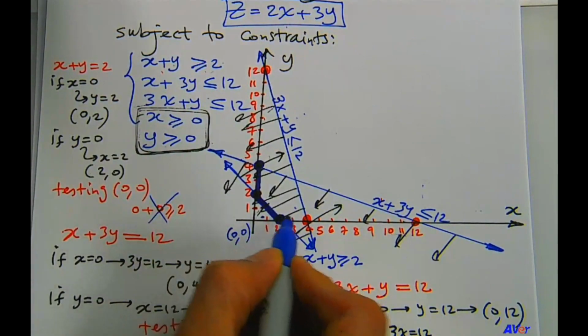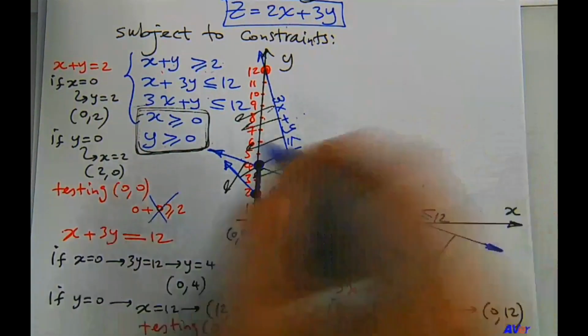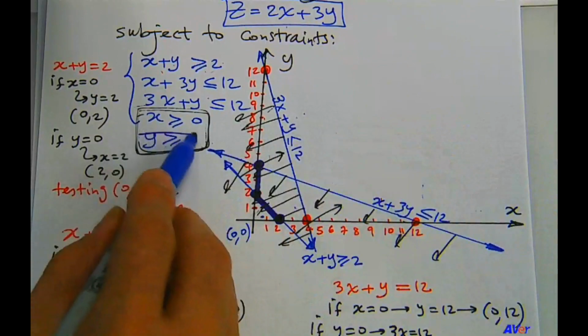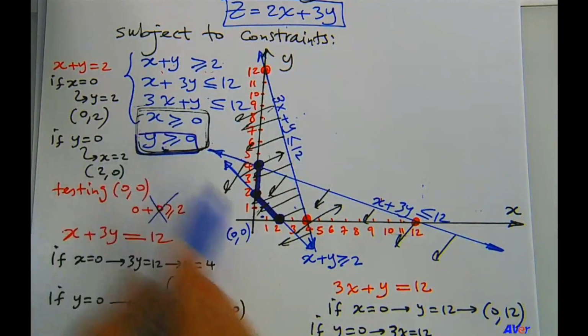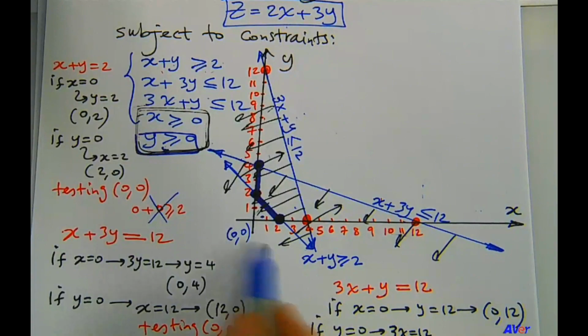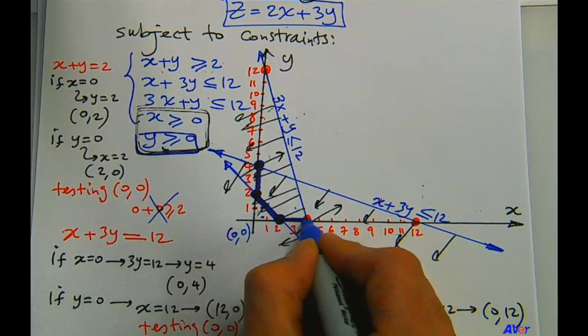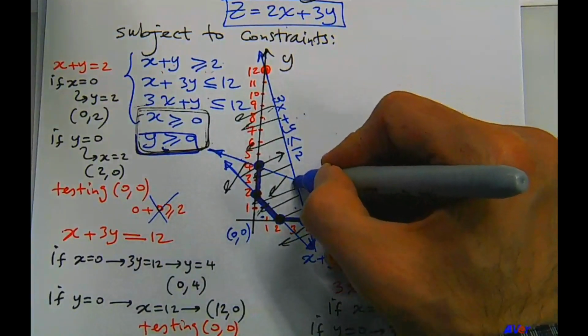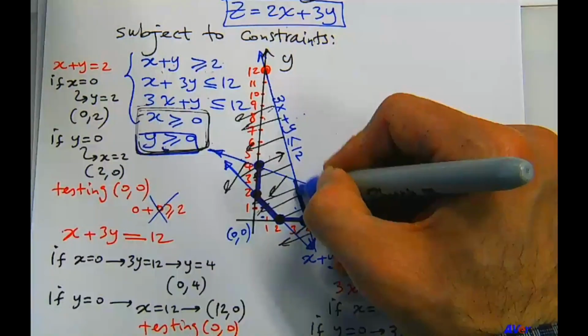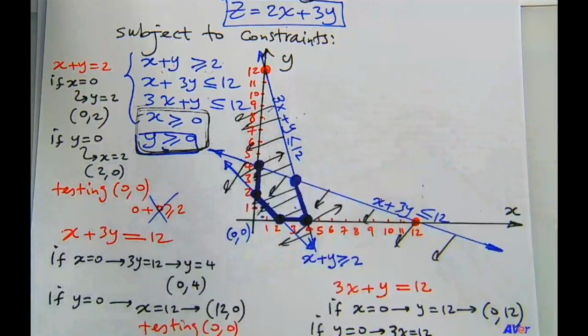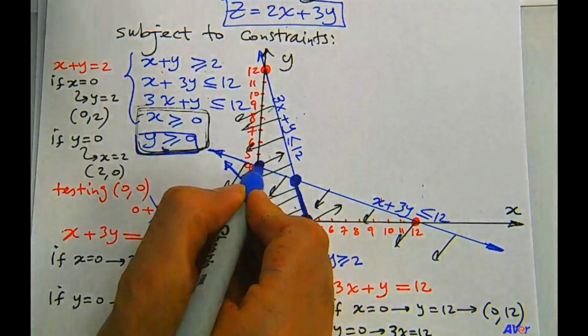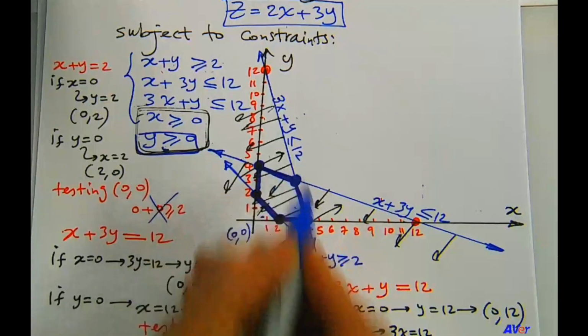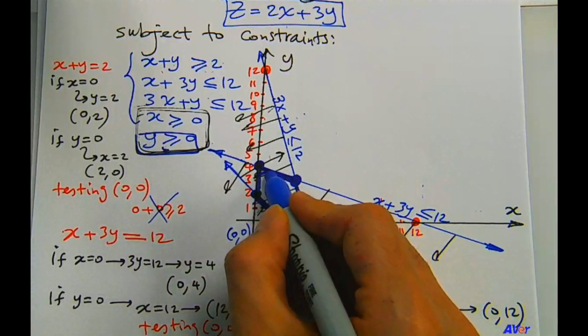Then there is a corner here because of this condition, y greater than or equal to 0, we cannot dip in the negative y territory. So we come this way. There's a node here. Then the line goes this way. There is a corner point there. And then, of course, we have a boundary right there. So the solution region is here.